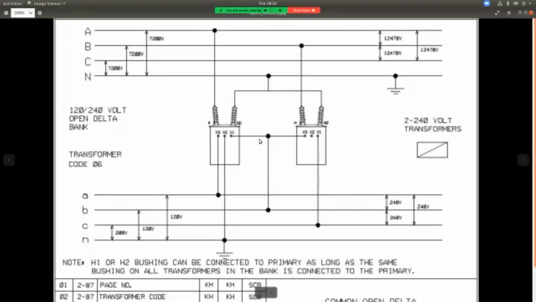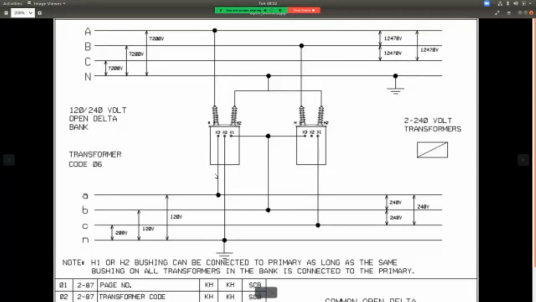Now, you'll notice in this picture, they did it a little bit different. Electrically, it still works. They went into the tie-in bus right here that goes from transformer to transformer, made a connection, and came down. If you draw this where you just come down from X1 and then go straight across, that's electrically sound also. That will also work. And I like the way they keep this in order.